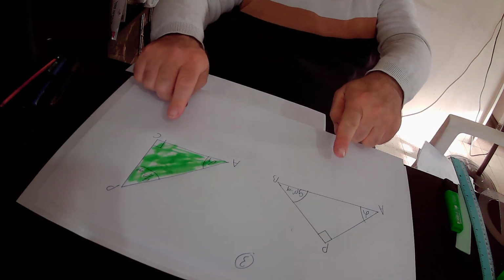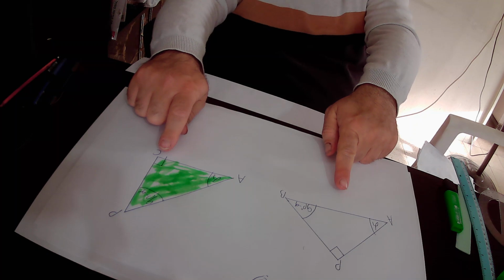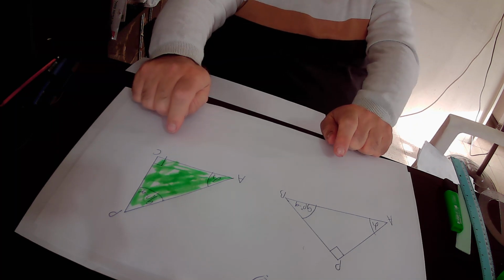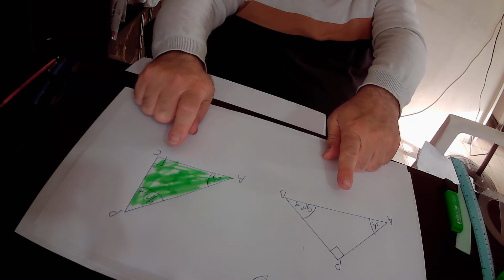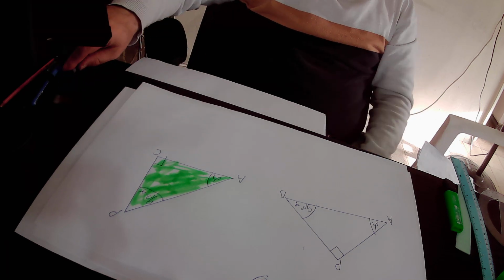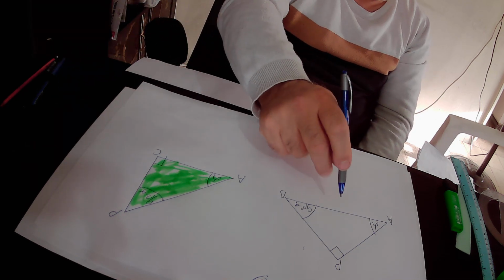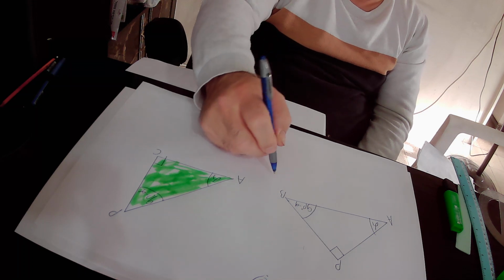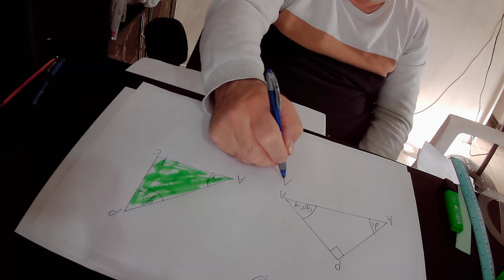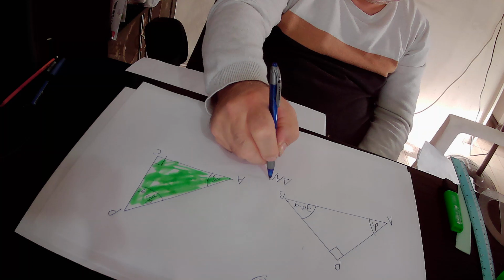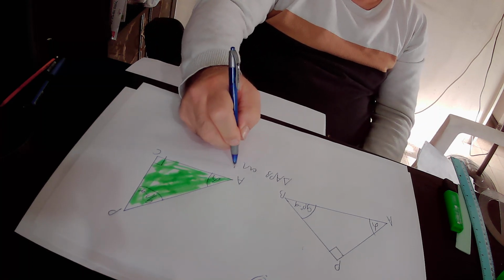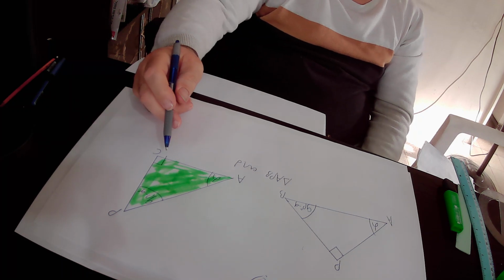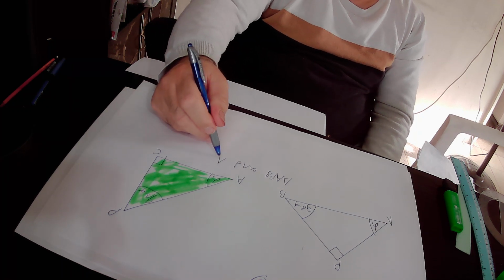So those are the two right triangles that I copied from the original drawing. We prove that this right triangle APB is similar to this green right triangle APC.